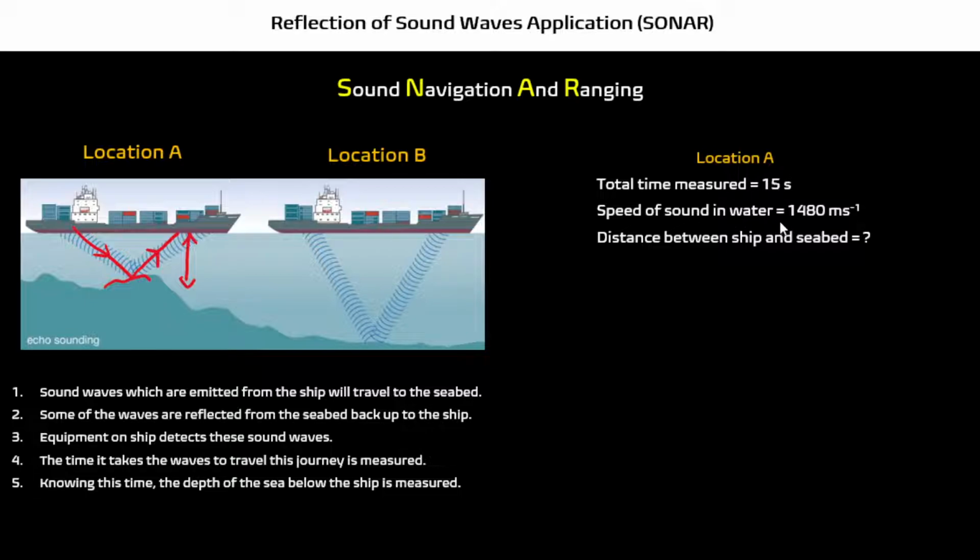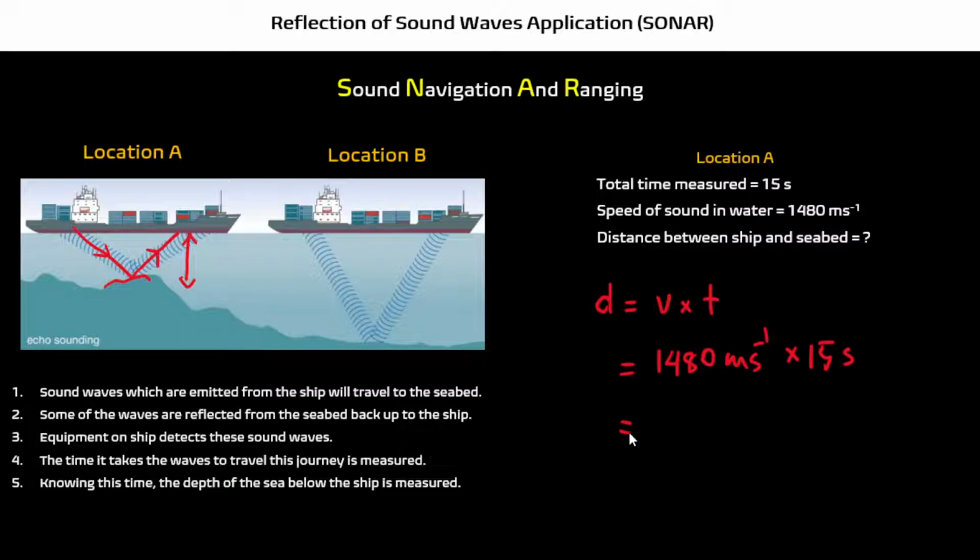The speed of sound in water is this much, so the distance between ship and seabed is how much, okay? So let's try to do this. So distance is equal to velocity times time. So your velocity is going to be 1480 meters per second, multiplied by your time, which is 15 seconds.